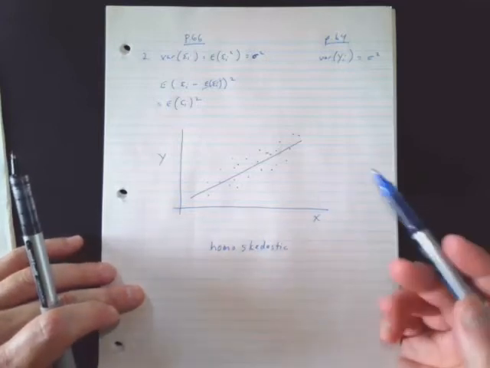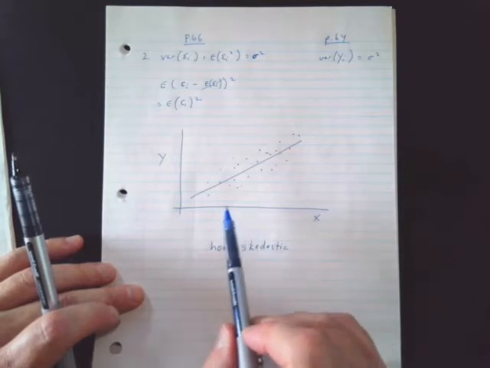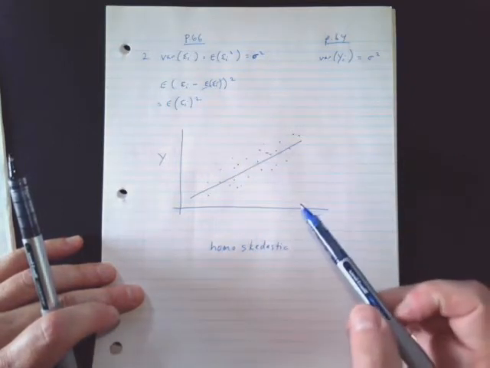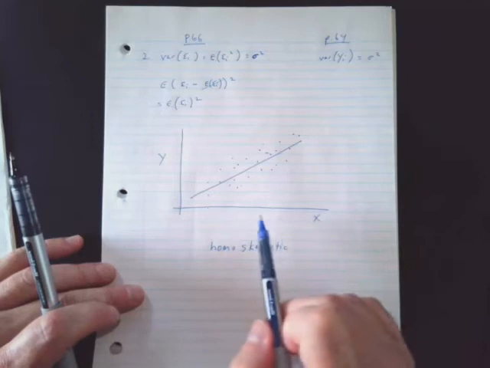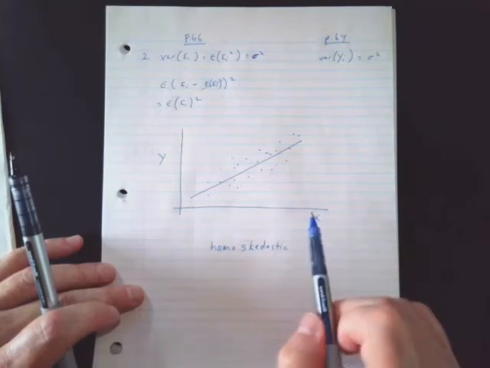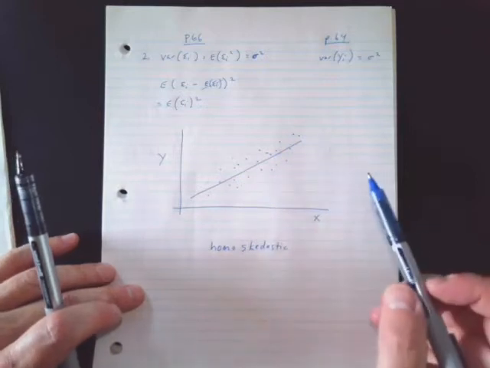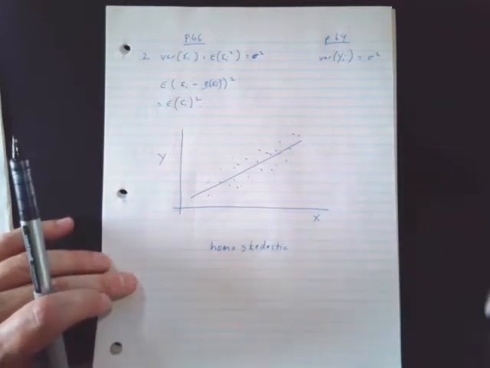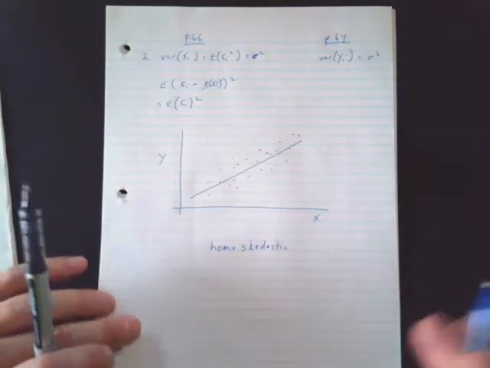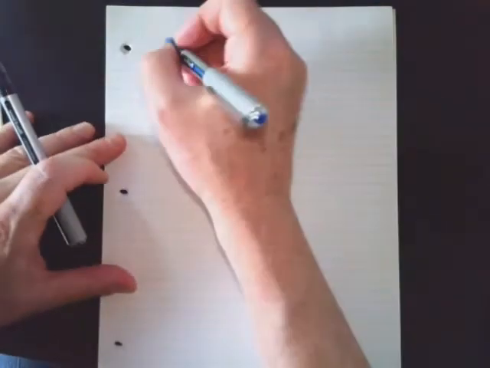Why is this important? Well, stay tuned. We're going to understand why all these assumptions are important, but in the case of the homoskedasticity assumption, if this variance changes over the course of the sample, then that has implications for how we should estimate our slope coefficient.